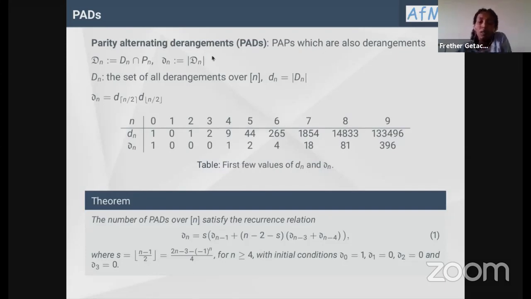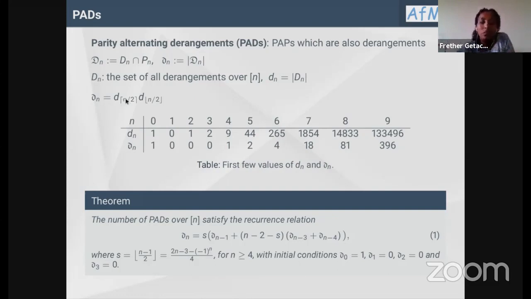So the splitting method that we were looking at also applies over here, and we give some results of the consequence of this splitting method on the parts. One is counting the number of parts over n in terms of the number of derangements, because when we split, we get two derangements.